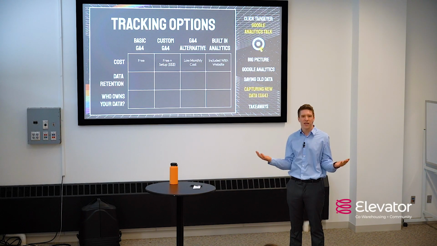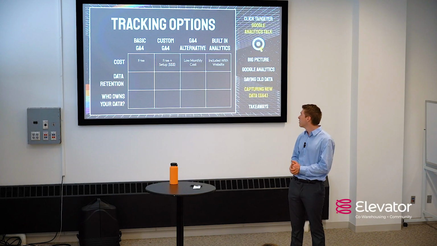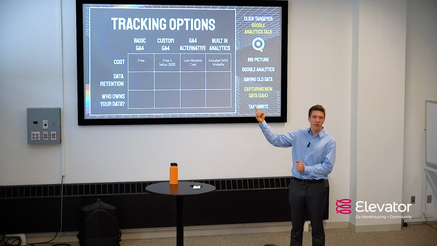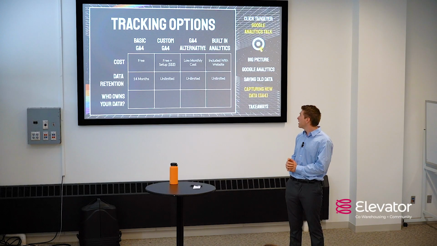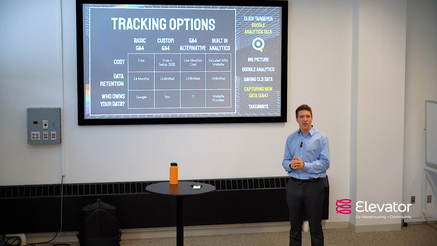Because if you have a WordPress website, they'll track everything. If you have a Shopify website, same deal, they'll track everything. So I have my four options here. First one is just using what I call the basic Google Analytics 4, which is free. The other one is a custom setup. That's free, but then you have to pay someone to go into your site and link everything up, which can get a little expensive.